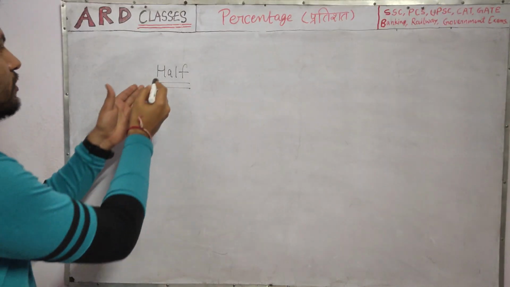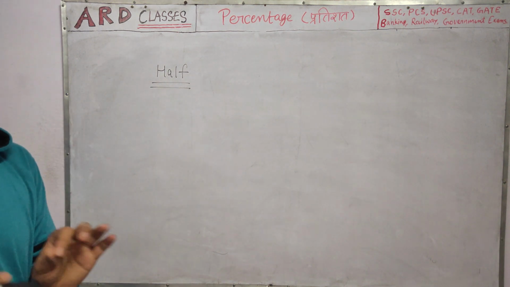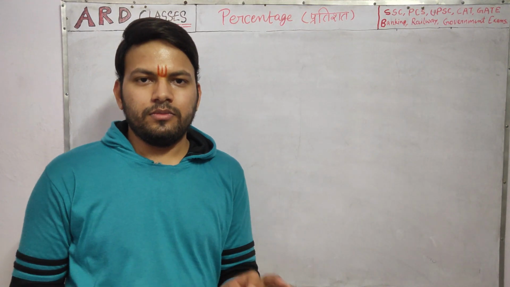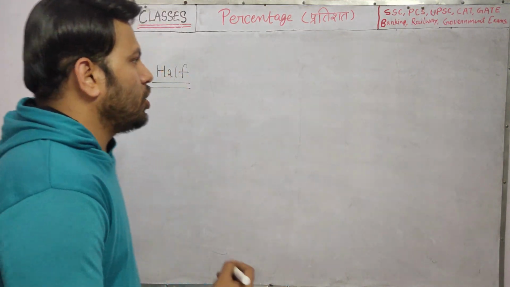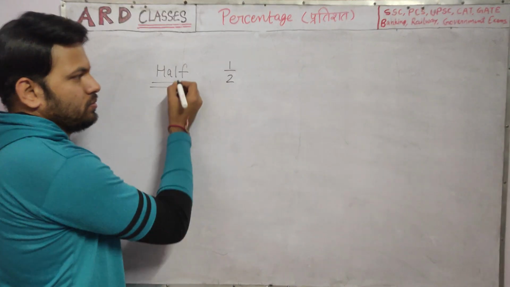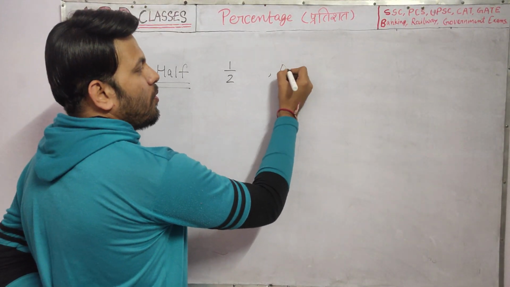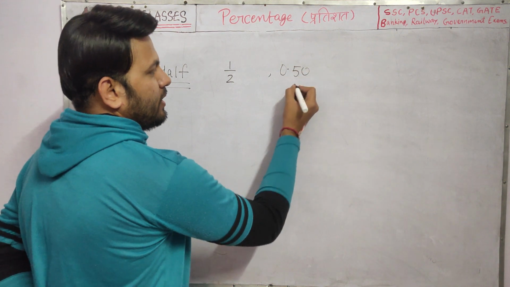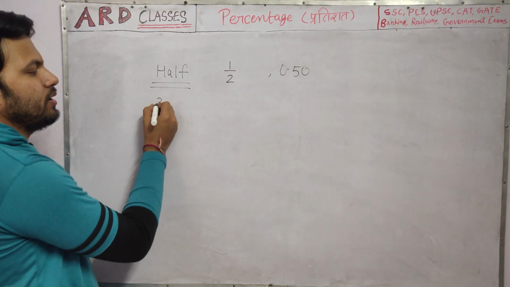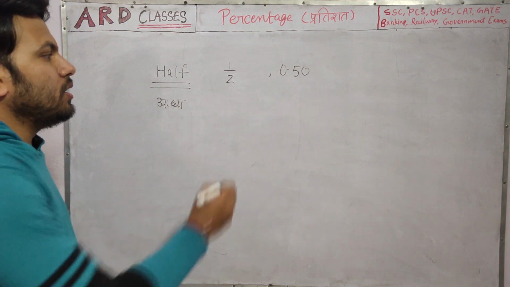You can see what I have just written. I have just written half. How can you write half in mathematics? You can write 1 by 2. 1 by 2 is half. 0.50 is also half. Half means, for Hindi students, adha.